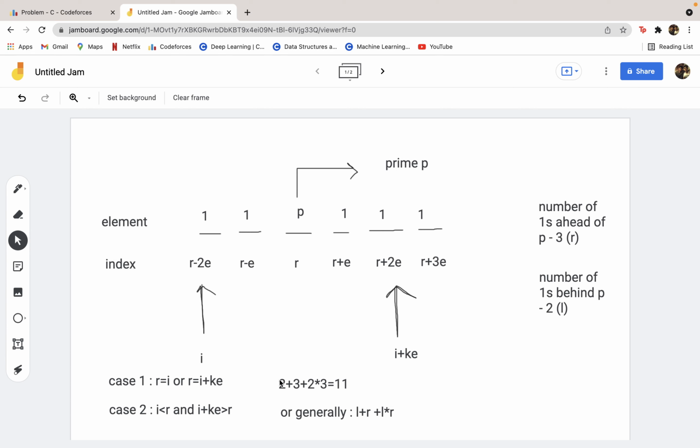So our total answer would be 2 plus 3 plus 2 times 3 equals 11. Generally we could say, if the number of ones ahead of p is r and the number of ones behind p is l, then the answer is l plus r plus l times r.